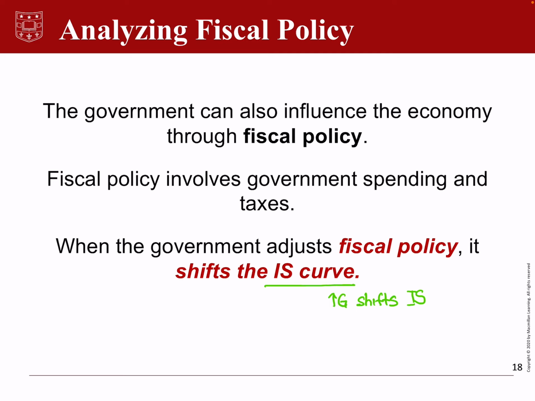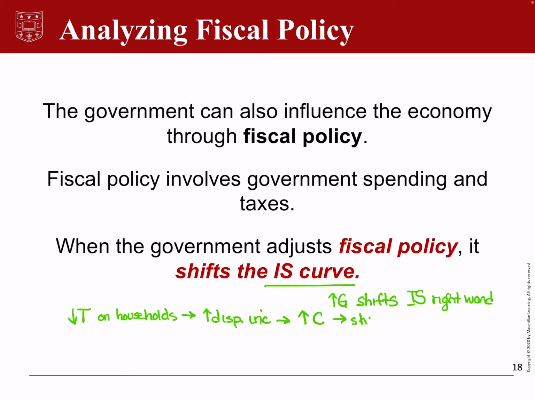And we know that if there is a decrease in taxes on households, this would increase disposable income, which should increase consumption and would shift the IS curve rightward.